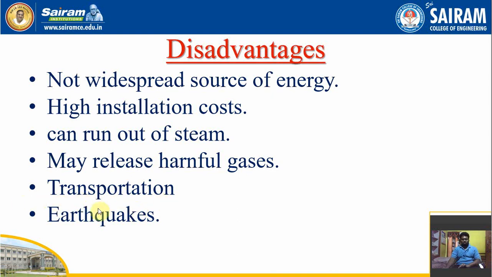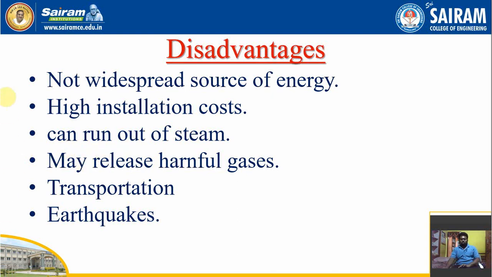Transportation is going to be a bit of a problem here, because geothermal plants have to be set up in less populated places, as there is going to be some harm done to people staying near it because of the harmful gases produced by the plant.